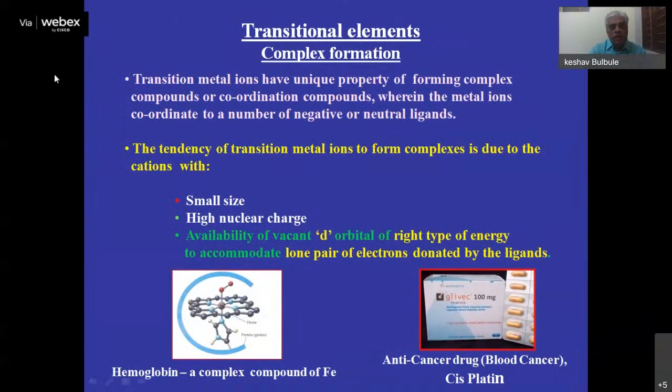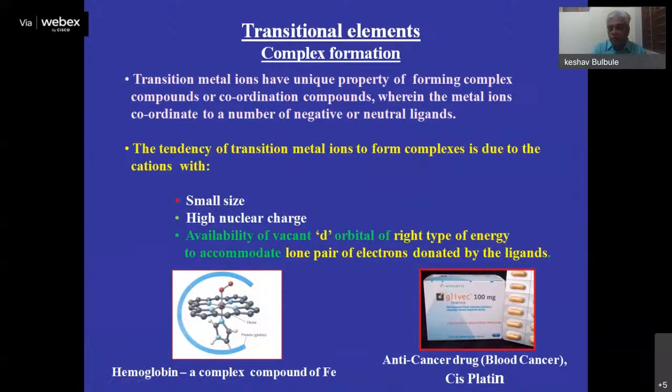It is because the d block elements have small size. Though small in size, they have high nuclear charge. Not only high nuclear charge, there is availability of many vacant d orbitals of the right type of energy. That is very important to accommodate the lone pair of electrons donated by the ligands.